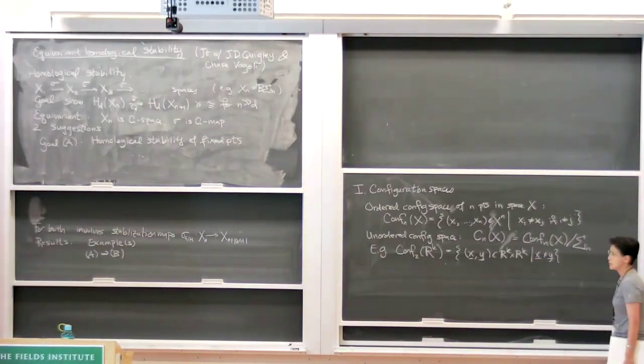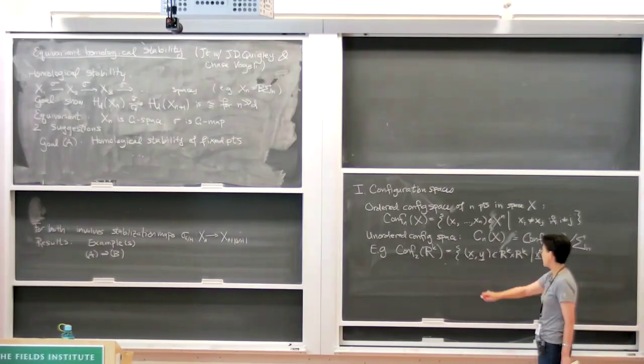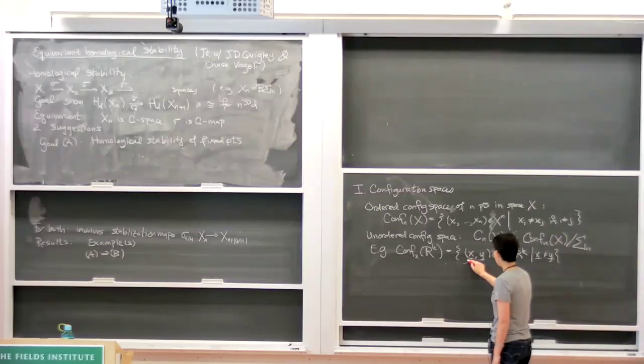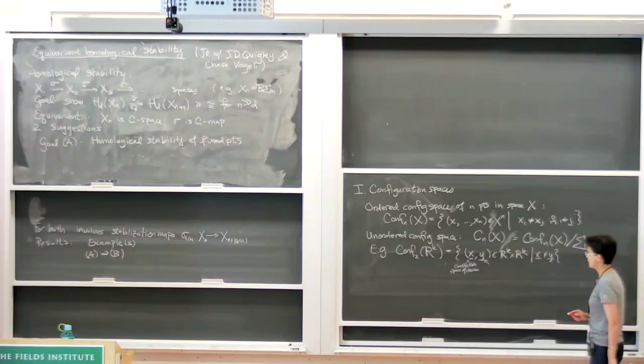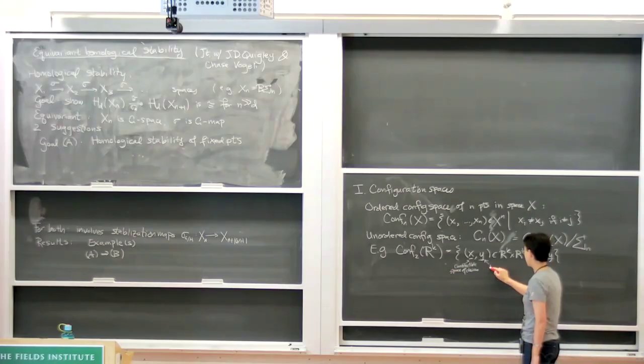And if I want to understand the space up to homotopy, let's think about how I can choose such a pair of points. So for the first point, there's a contractible space of choices. And for the second point, once I've already chosen a point in R^k, I'm allowed to choose any point except for the one I've already chosen.